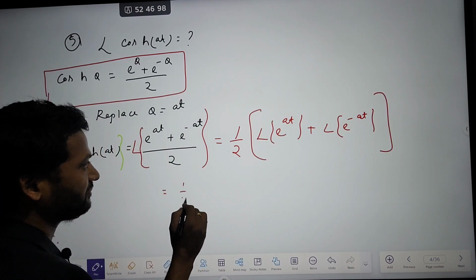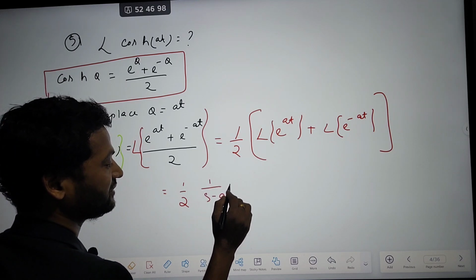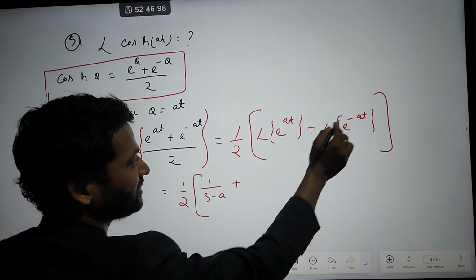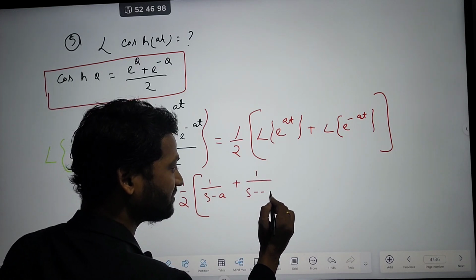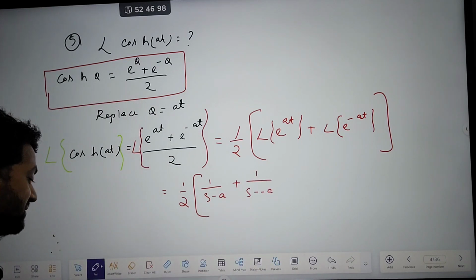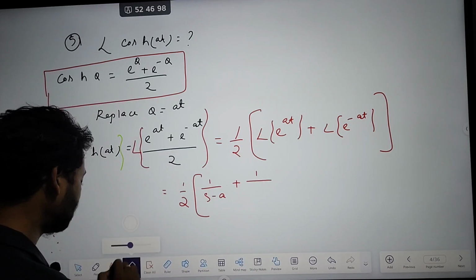So here, half. Laplace of e to the power at is what? 1 by s minus a, plus Laplace of e to the power minus at is what? 1 by s minus of minus a, meaning 1 by s plus a. That part I have already discussed.